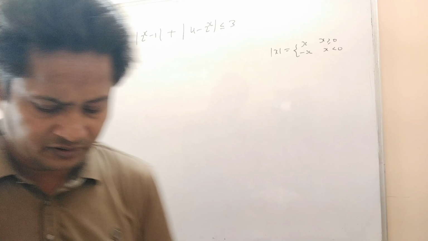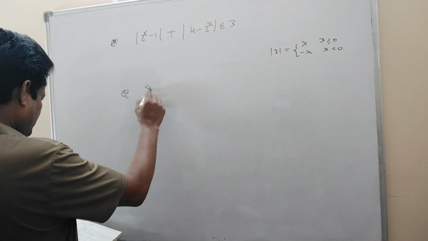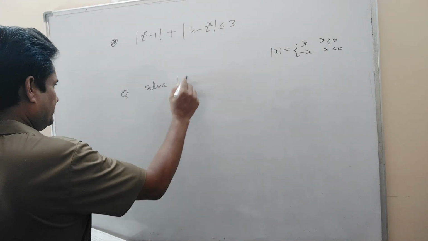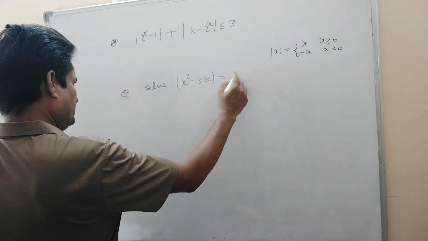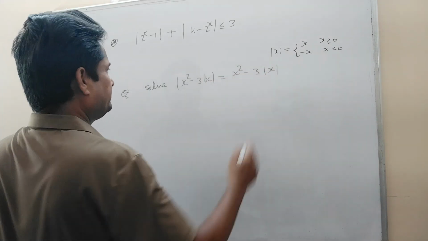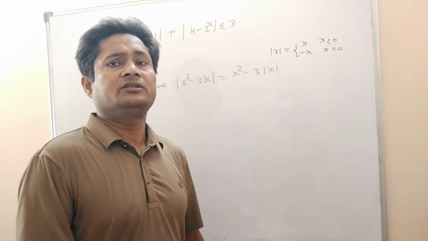Next question is, solve mod of x square minus 3x is equal to x square minus 3 times mod x. Now solve this question. How will you solve this question?